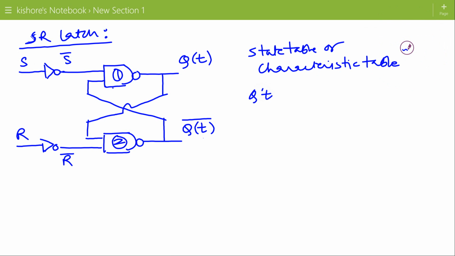Present state QT, inputs are S and R, next state is QT plus 1.